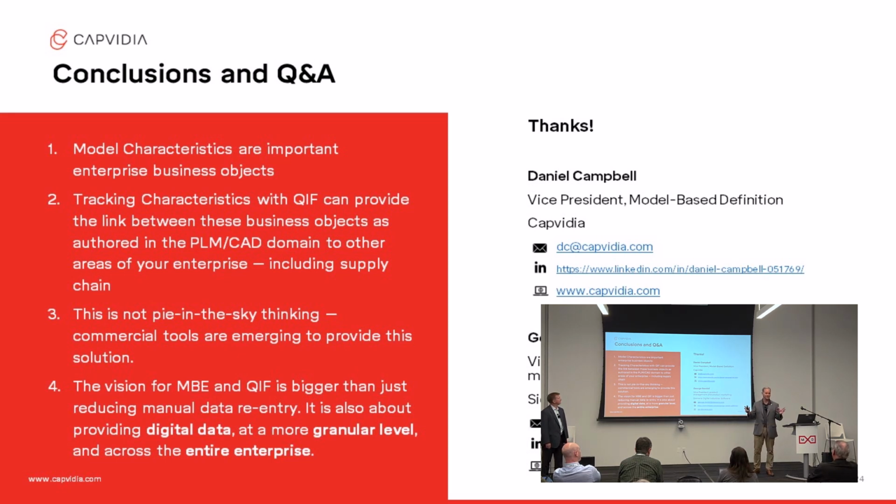That's a great way to establish a nice ROI. But at the end of the day, that's not the biggest value. The biggest thing is providing access to your data in a digital way at a more granular level and across your entire enterprise in an organized way. And that's what some of this technology is providing. And that really is, I think, the real value proposition of the model-based enterprise.